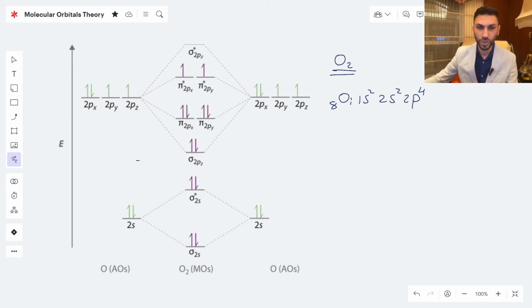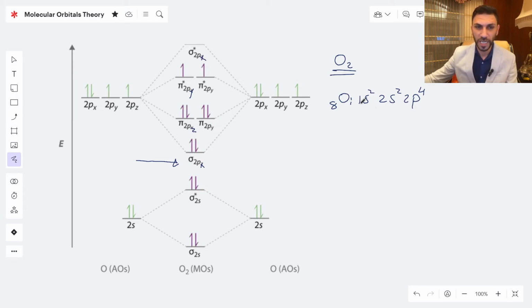Now we're going to start with sigma 2px before we write the pi 2py and pi 2pz.